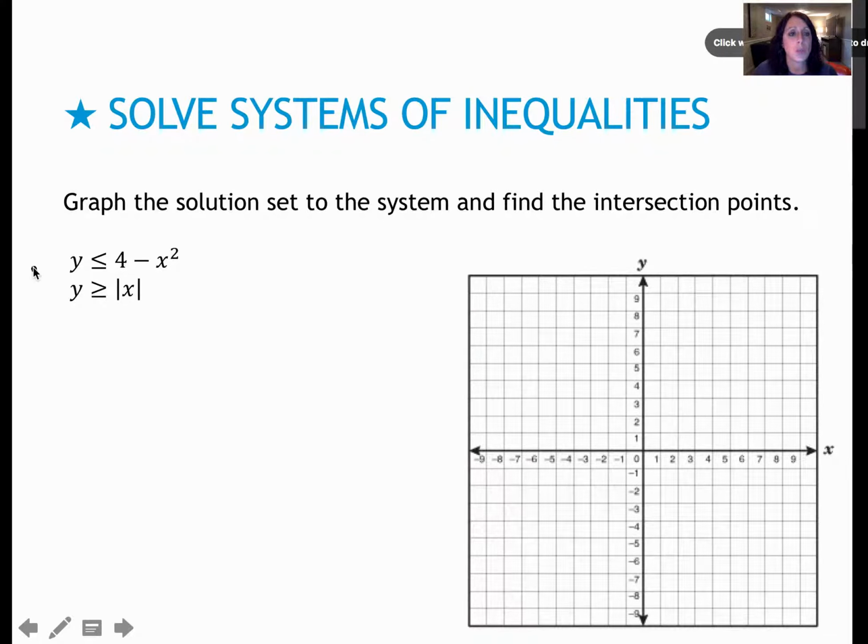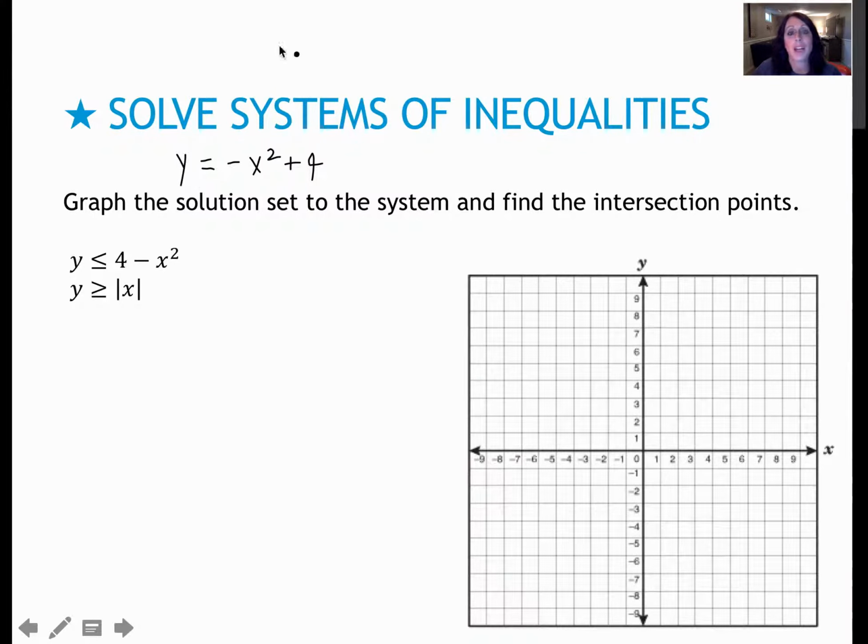So again, the first one here is going to be a quadratic equation, which means it's a parabola when I graph it. I'm going to rewrite that as y equals negative x squared plus 4. This is obviously a quadratic.